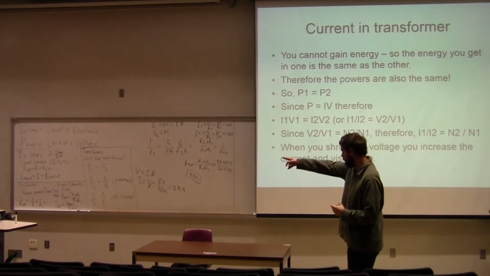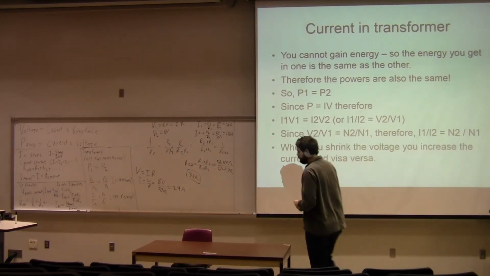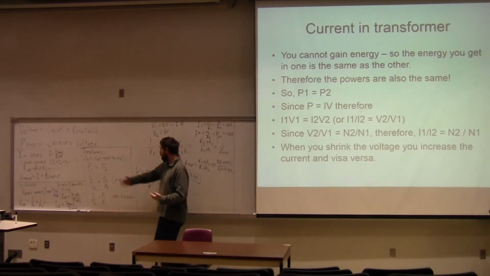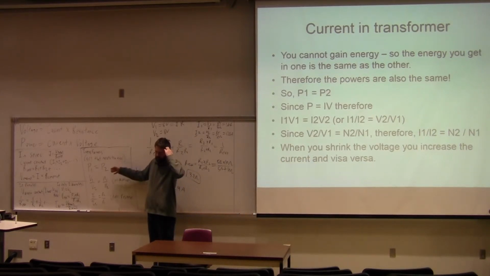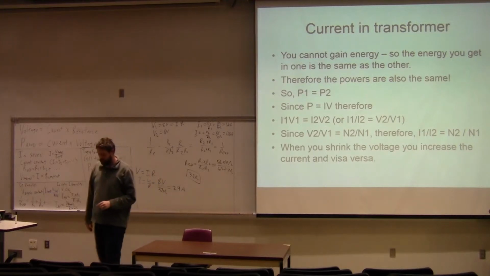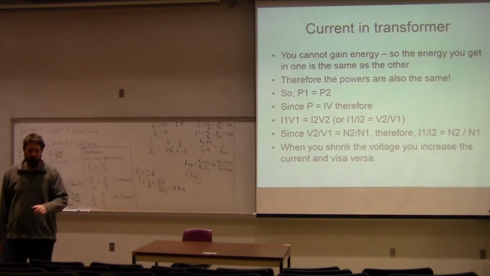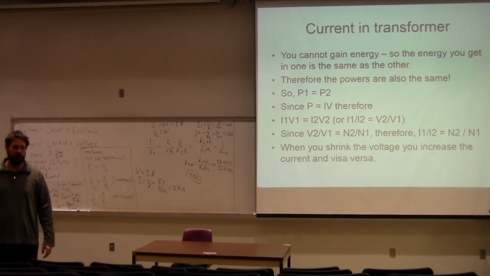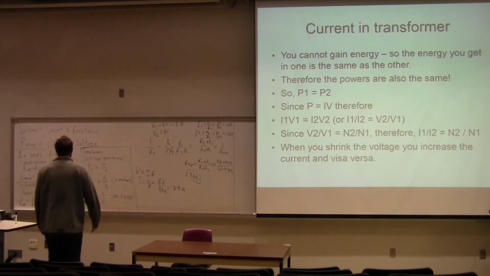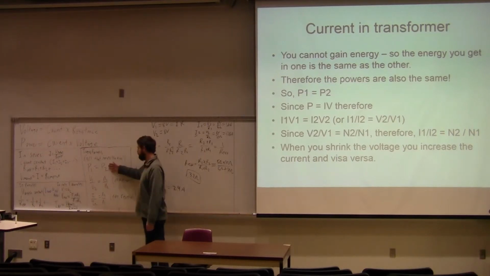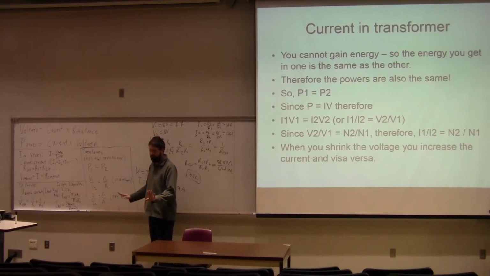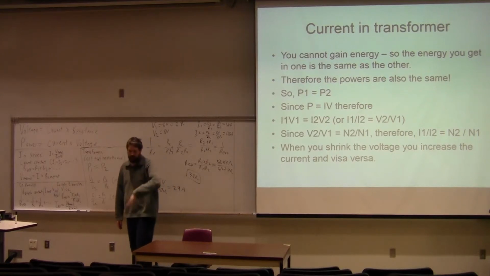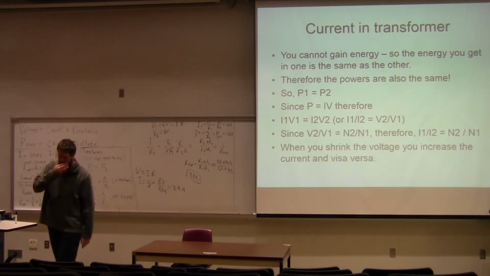Like I say, transformers are really straightforward. If I tell you what the power is on side 1, you already know what the power is on side 2. A lot of people will spend 30 minutes trying to calculate it using the voltage and current, but the reality is that all you have to do is use this equation here. Happens a lot. And if it happens to you, don't worry. That just means you're in the majority.